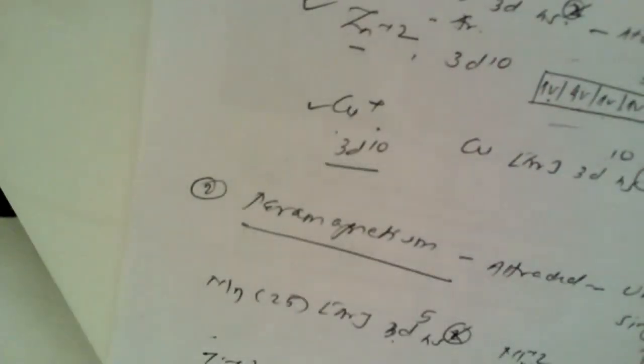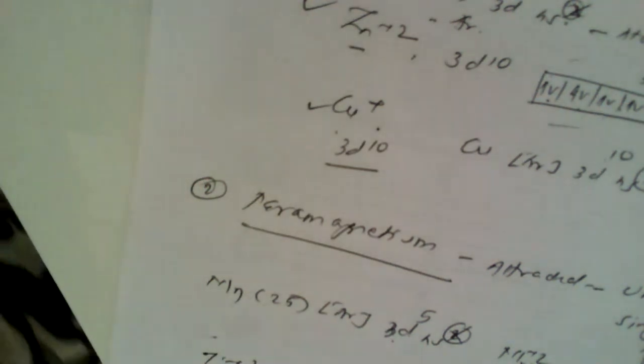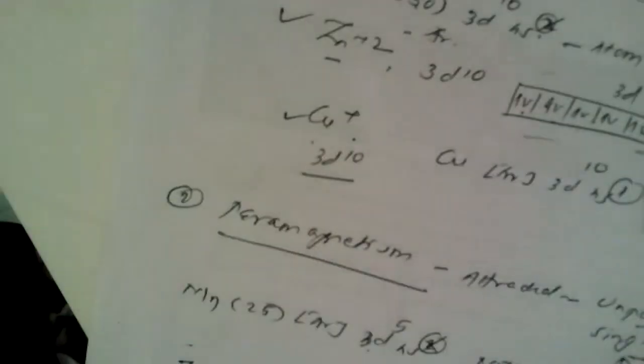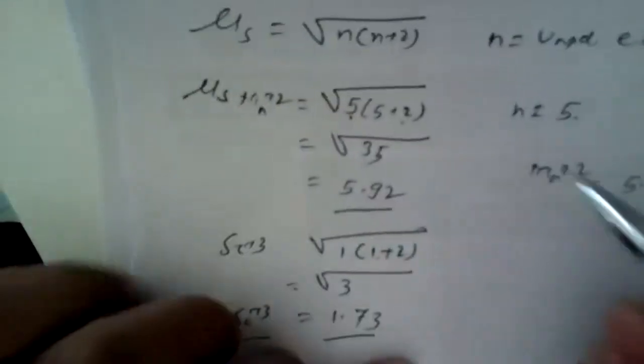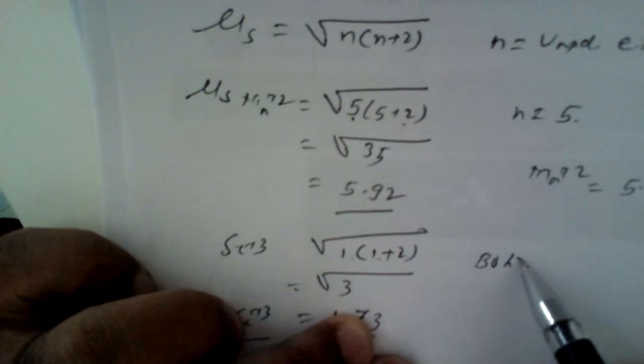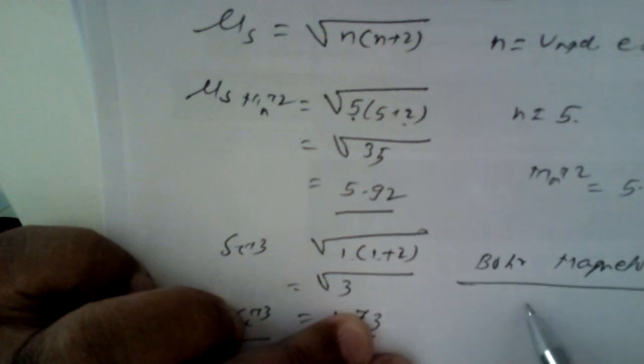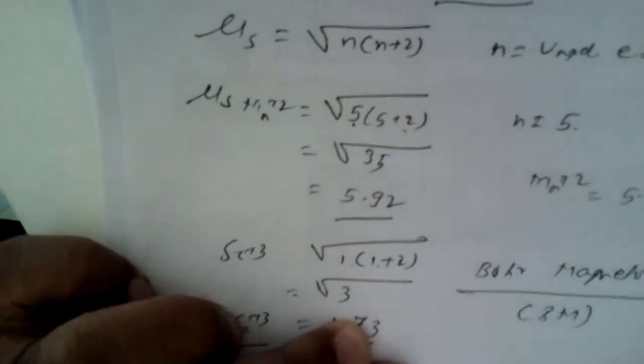Now, how can we calculate and correlate the different magnetic moments? Here, the magnetic moment can be measured in a unit known as the Bohr magneton, which is also abbreviated as BM.